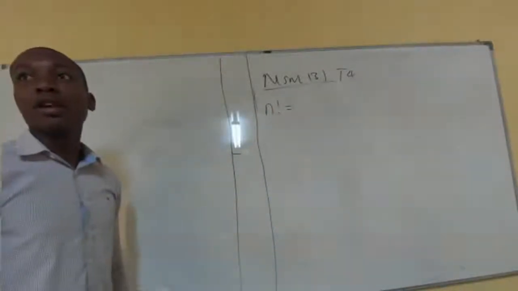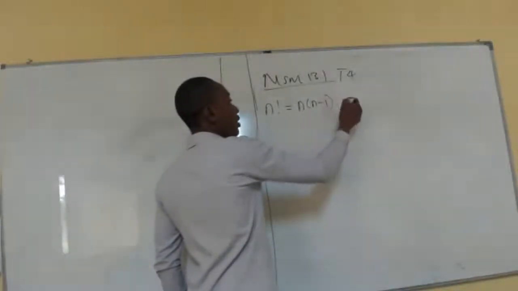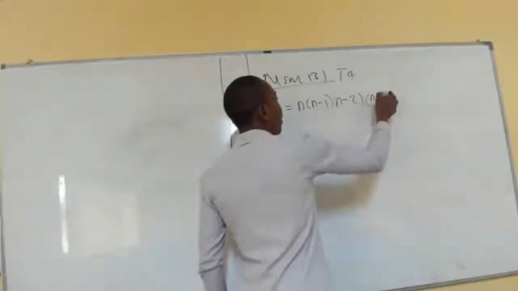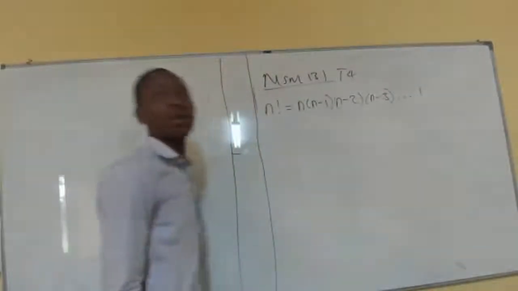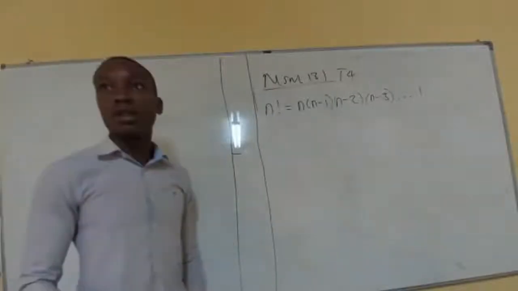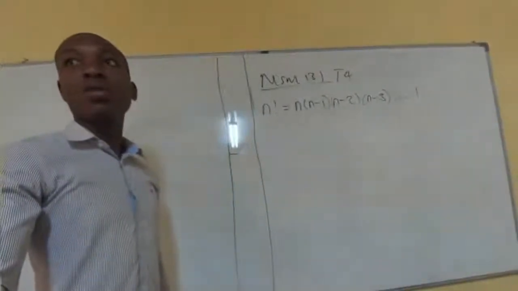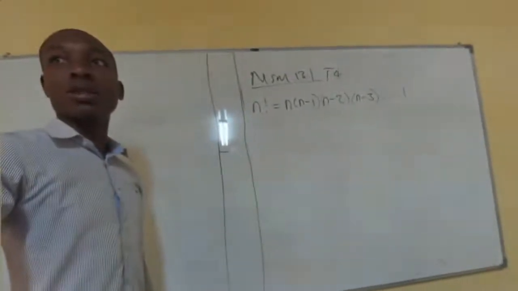So whenever you see n factorial, it means n times n minus 1, n minus 2, n minus 3, and so on up to 1. So this is what n factorial stands for. If you understand that, then you'll be able to apply it to questions that relate to it.